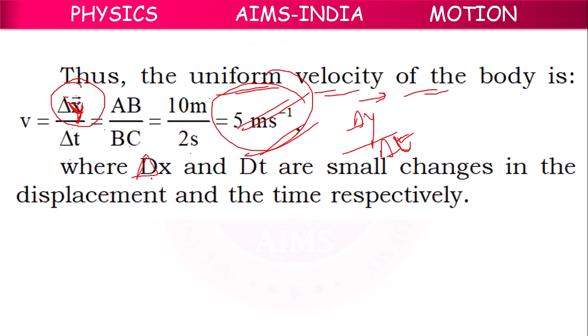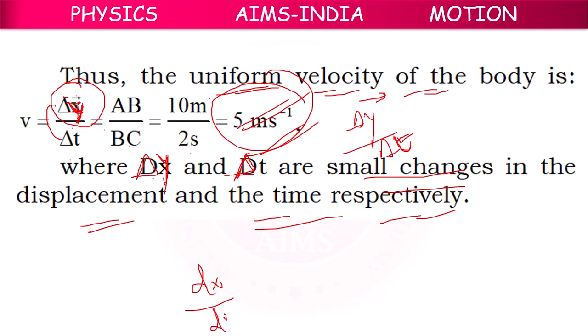Here delta y and delta t are small changes in the displacement and time respectively. If the changes are very small, then we can represent them with the symbol dx bar by dt. A very small change of displacement in a very little time interval.